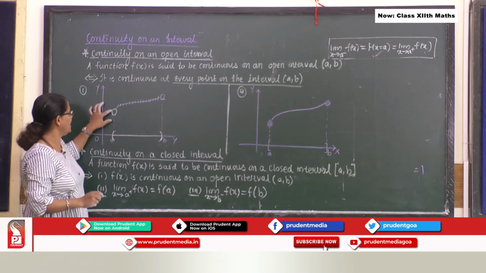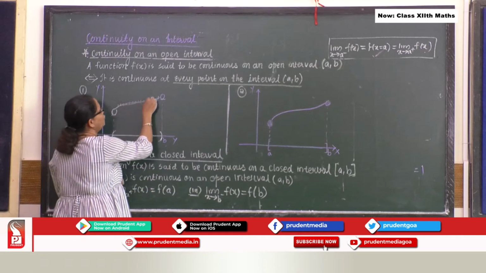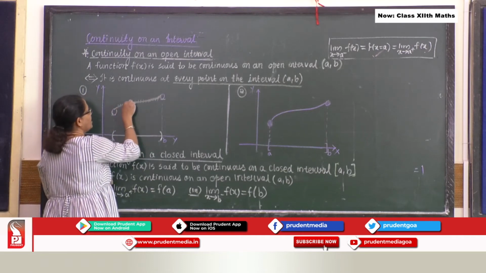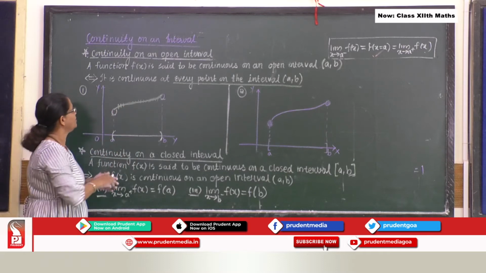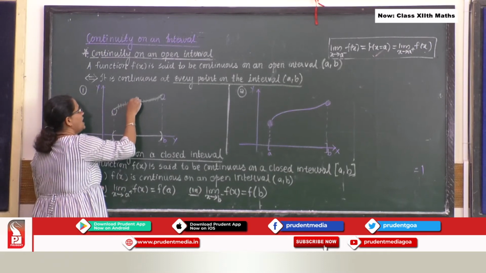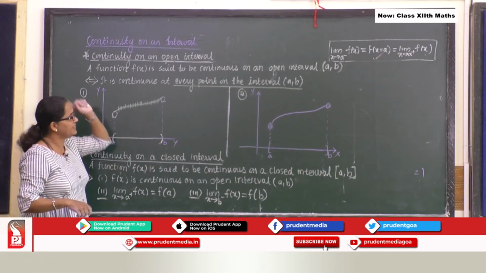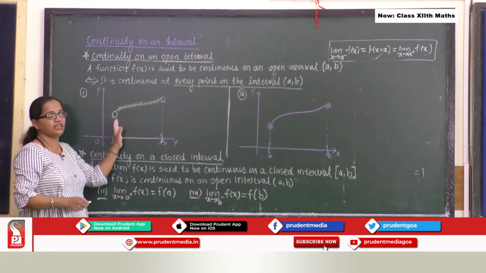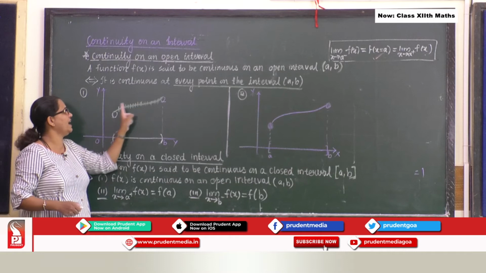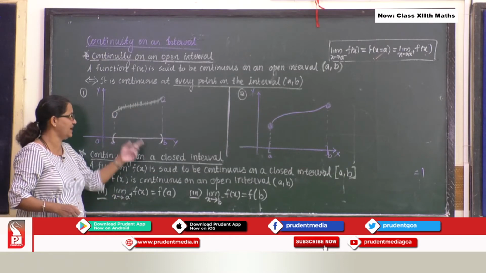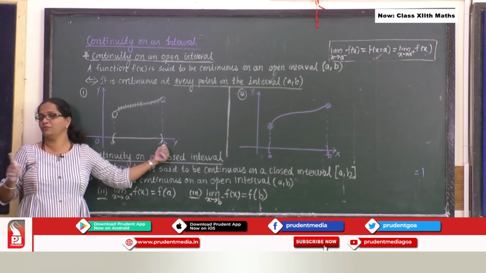I am taking all the values from this point to this point. Here I am talking about this curve and I am saying the given function is continuous at all such points which are present over here, then only I can say the given function is continuous. So there is no break at any point, wherein the extreme points I am not considering.